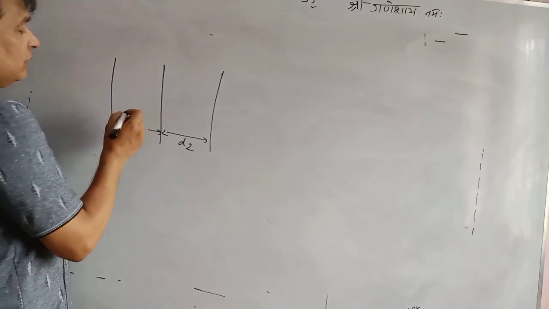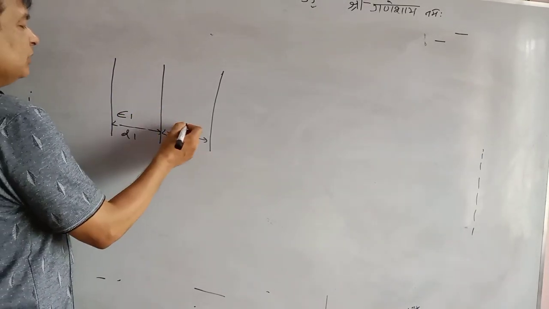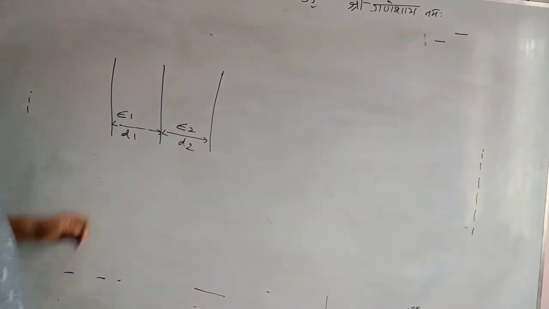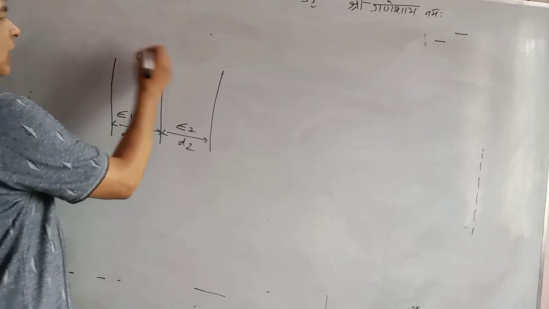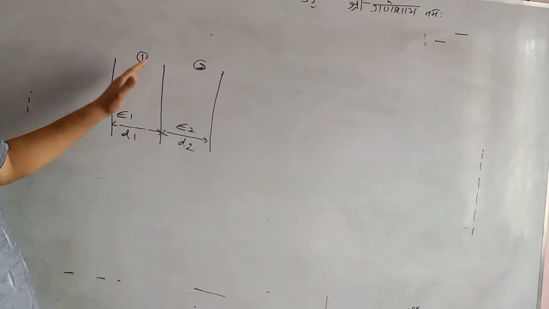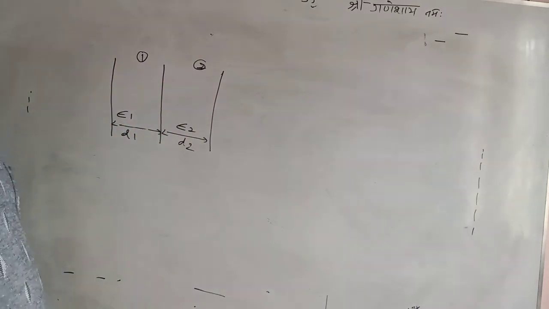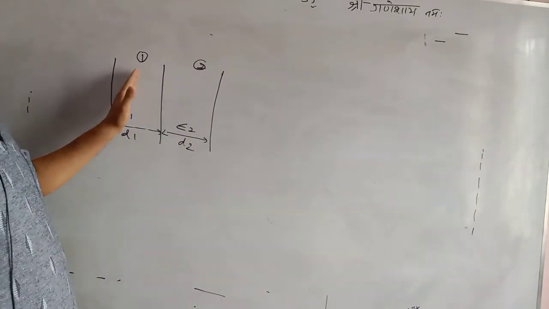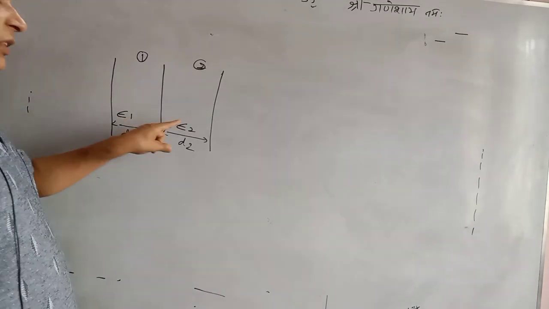Their absolute permittivities are ξ1 and ξ2: ξ1 is the absolute permittivity of the first layer and ξ2 of the second layer. This is a parallel plate capacitor, and the gap between the two plates is filled up with two layers of dielectrics of different permittivities, ξ1 and ξ2.